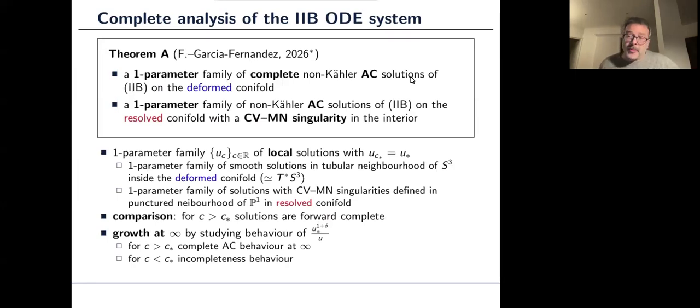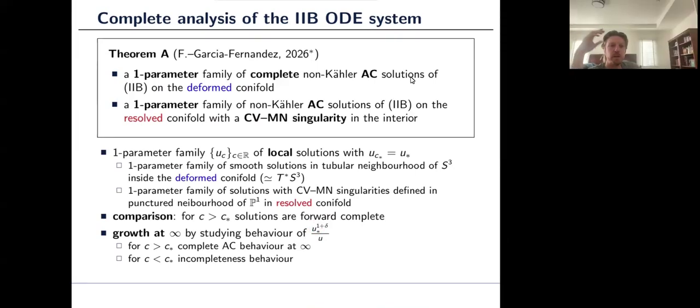And then to control the behavior at infinity, you need to control the growth at infinity of this solution. This is done by essentially understanding the evolution of this ratio, where you compare the unknown solution u with the explicit solution coming from the CVMN solution.